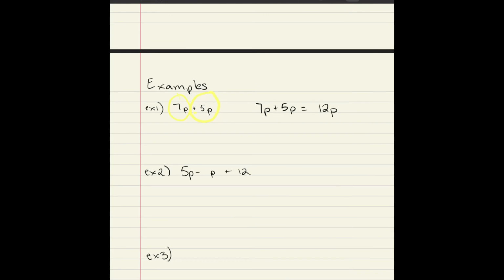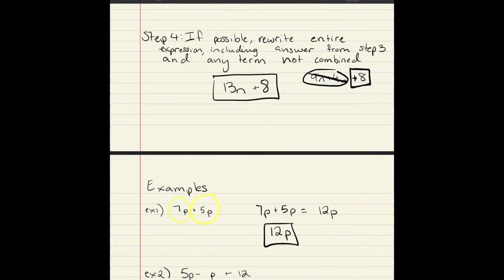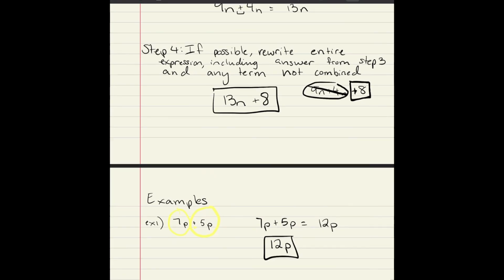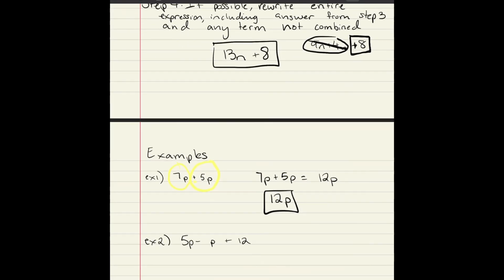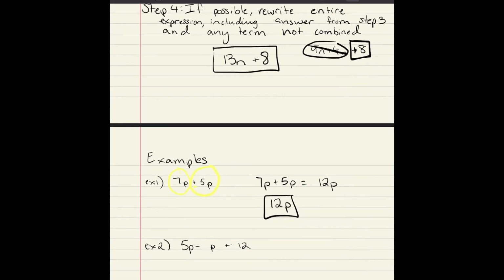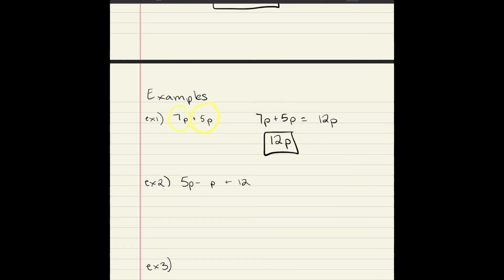So the answer is 12p. See how we weren't able to do step 4, which is rewrite the problem including the answer from step 3 and any term not combined. We already combined these 2 terms, so that's our final answer.